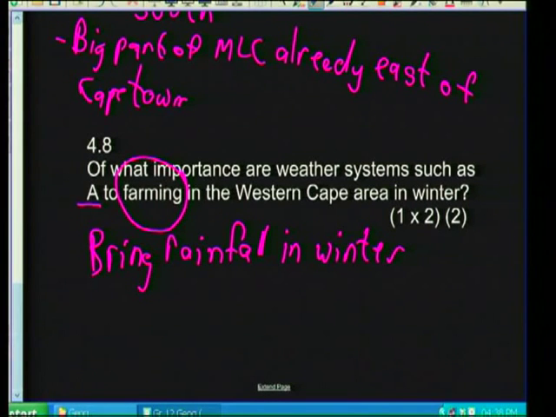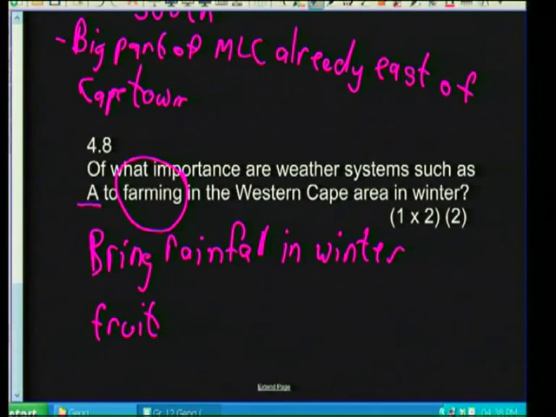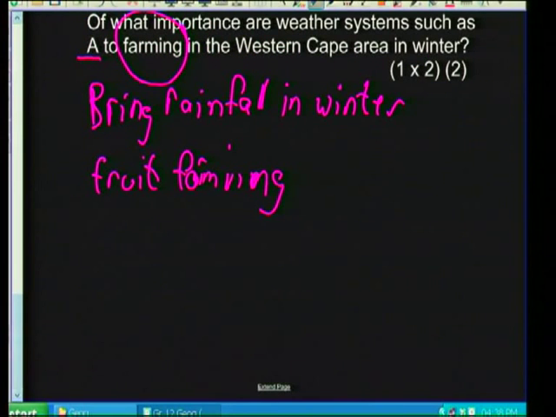All right? And it will bring in a different type of crops or things being farmed, like what grows well in this Mediterranean climate of winter rainfall is your fruit, it encourages fruit farming. And one of the fruit farming types, and I hope you guys are not doing that, is the orchards and vineyards. Orchards and vineyards, okay?